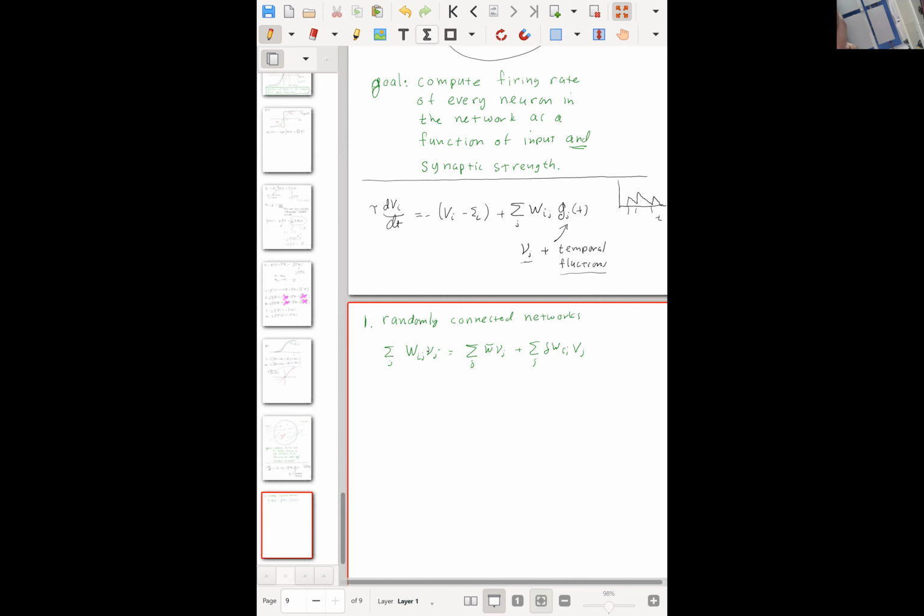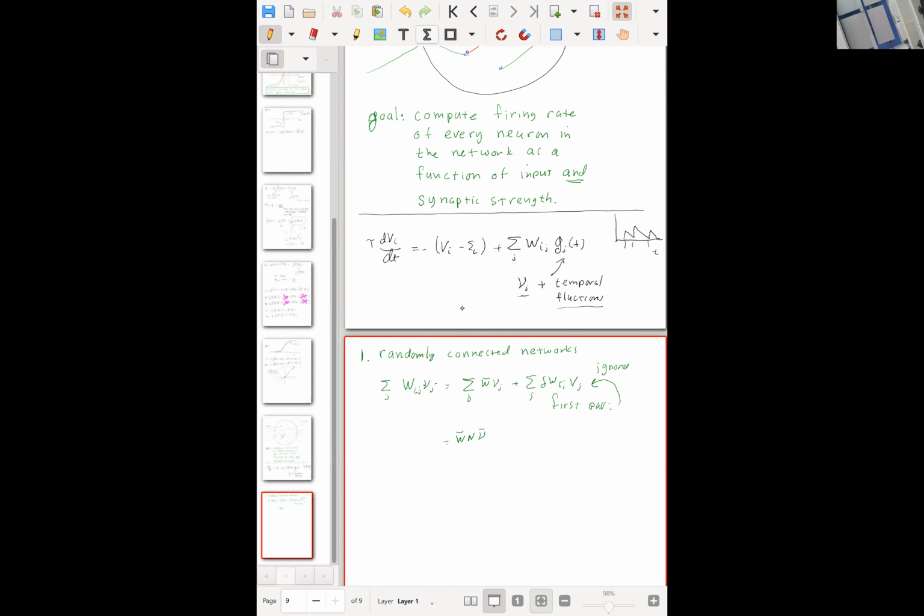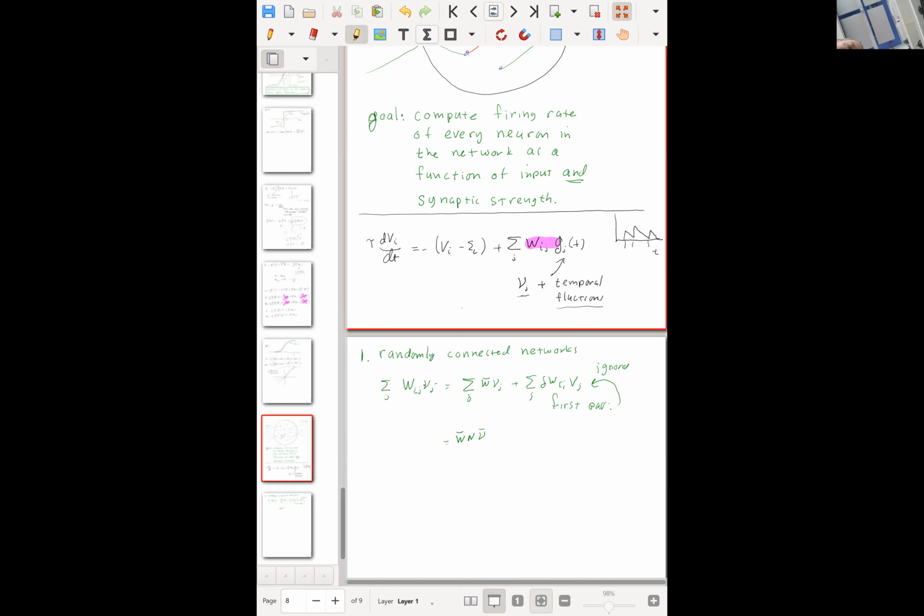As a very first pass, we basically ignored this second term. What we got is basically W bar times N, the number of neurons, or the number of connections per neuron, times the average firing rate.